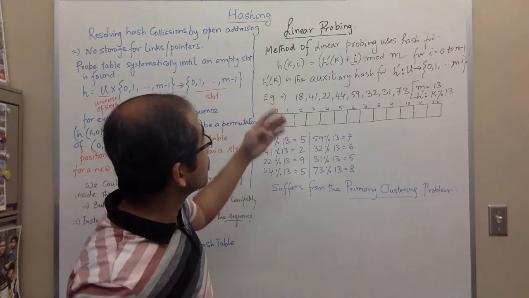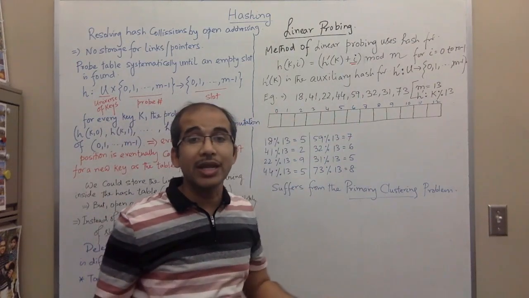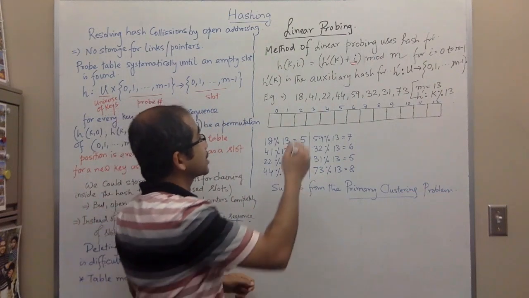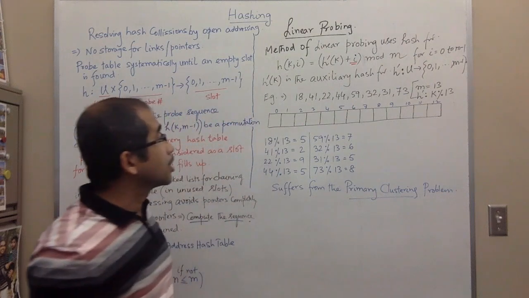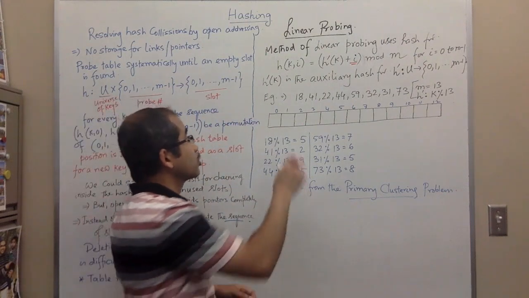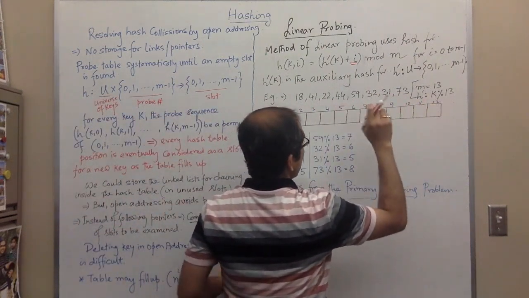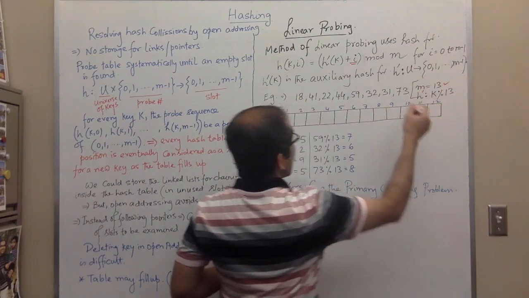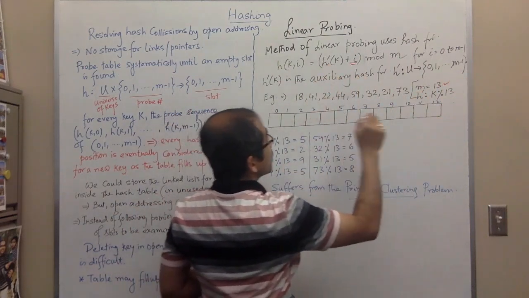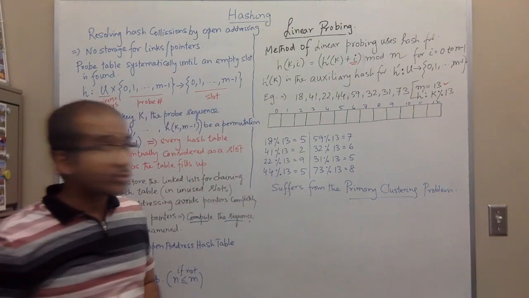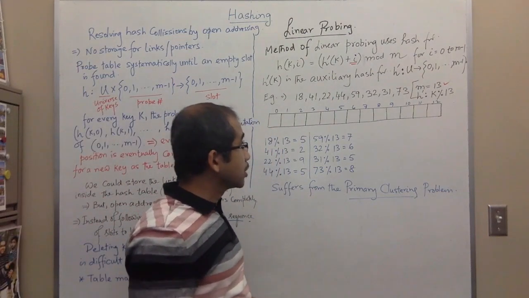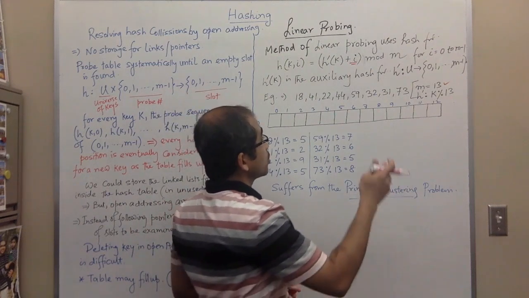This is best understood using an example. Let's see a sequence of keys to be inserted into a hash table with 13 slots. So m equals 13, and the auxiliary hash function h'(k) is k modulo m, the division method, so k modulo 13.